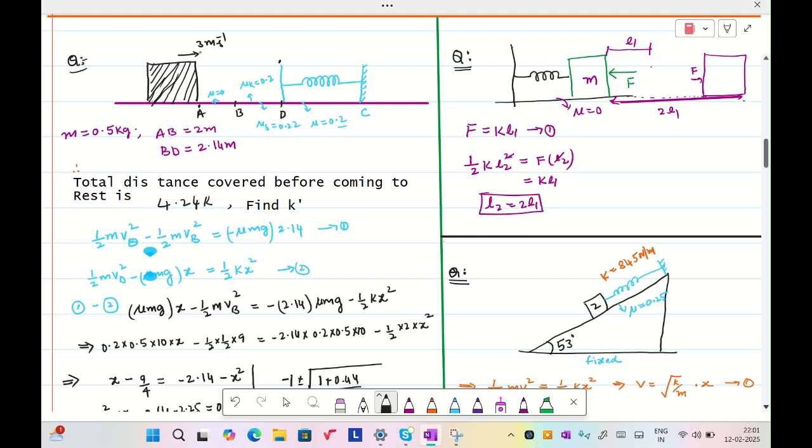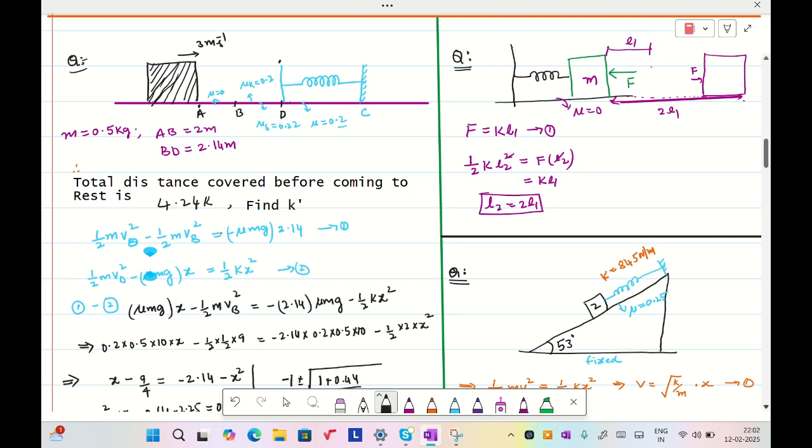From A to B it moves with constant velocity, as there is no work done on it and no external force. Therefore it moves constantly. From B to D the friction decreases the velocity. So we find out how much velocity it has before hitting, that is the velocity at B and the velocity at D. The velocity at B is equal to 3 meters per second. So the velocity at D we want to find out. Now the change in kinetic energy between B and D.